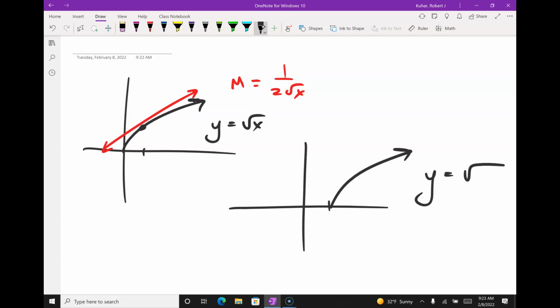So I need to shift this by x minus 1. Remember x's behave inversely. So what number can I plug in here to get me back to a 0? 1. So there's my 0 again, right? So on the inside, if I'm subtracting, I'm moving right.